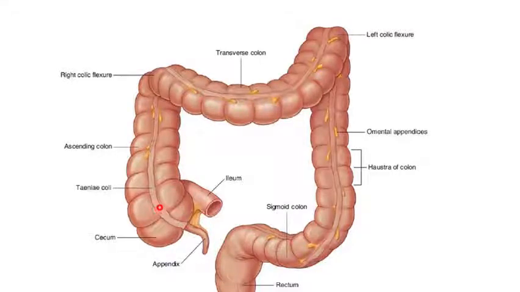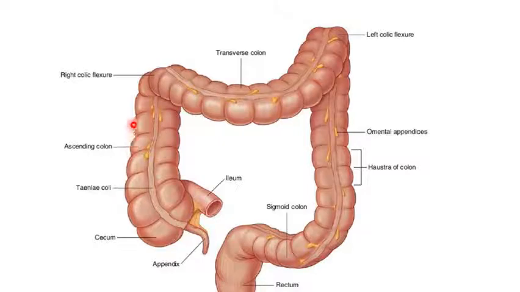So tinea libera, what will it become? Tinea libera that forms in the transverse colon will lie inferiorly. Then tinea mesocolica, which was on the posteromedial surface, will lie posteriorly.